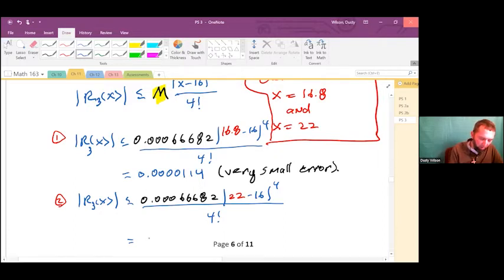And so my max error is 0.036. Okay. This is a larger max error.